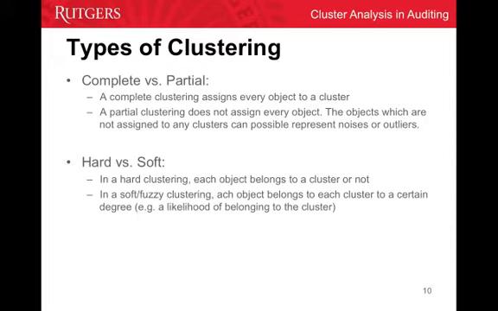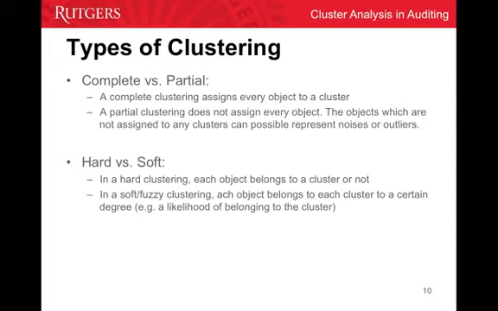We can also distinguish clustering into hard clustering and soft clustering. In hard clustering, each object belongs to a cluster or not. In soft, or fuzzy, clustering, each object belongs to each cluster to a certain degree. It's like a likelihood of belonging to the cluster.